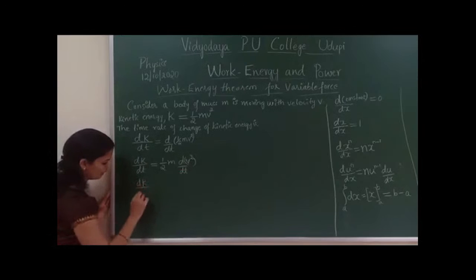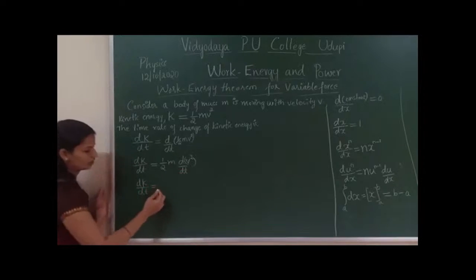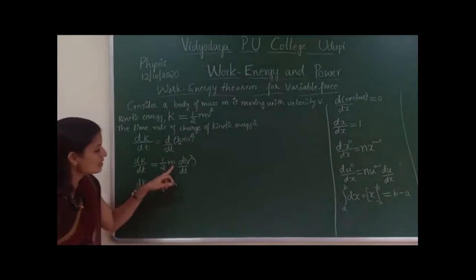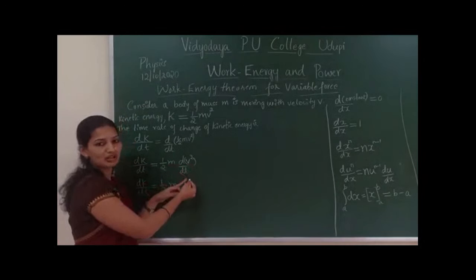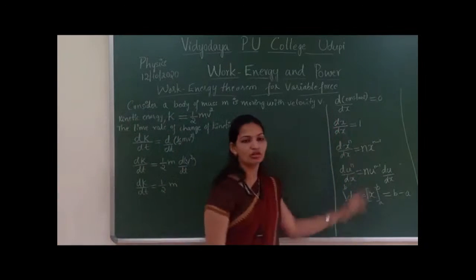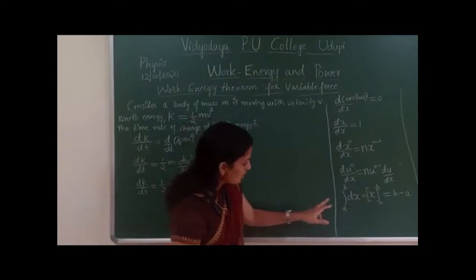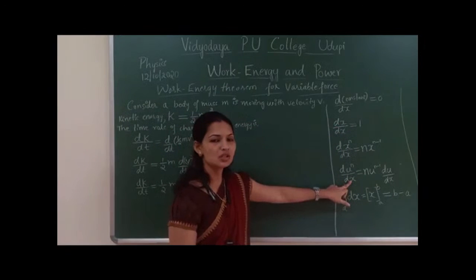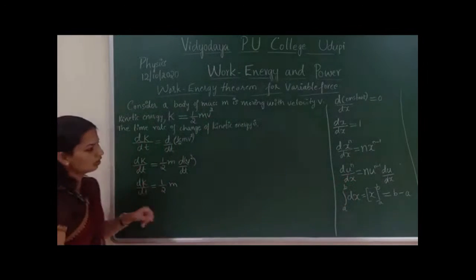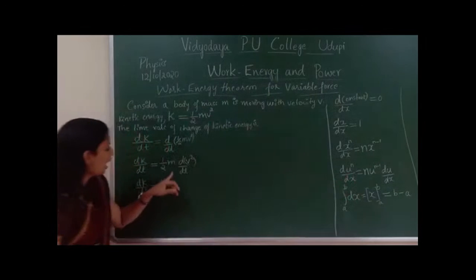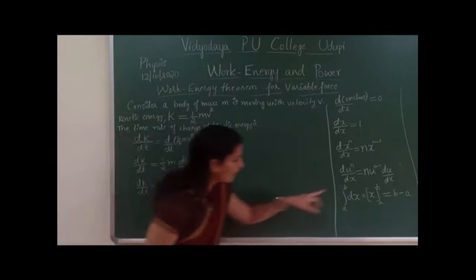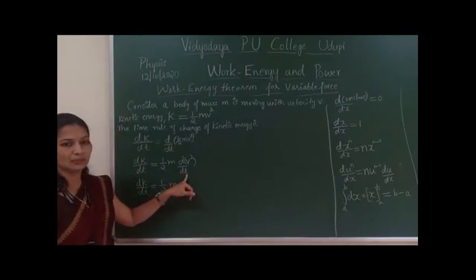dK by dt is equal to half m. Which formula can we use out of this? See, this one is useful. Here, in place of u we have v, and in place of x we have t.